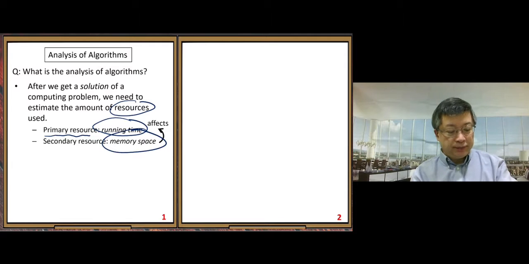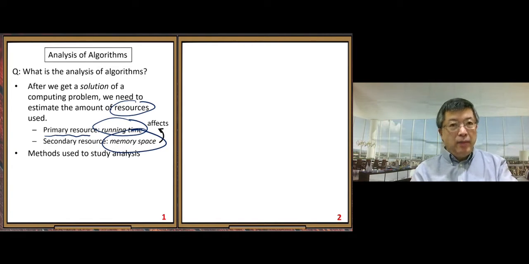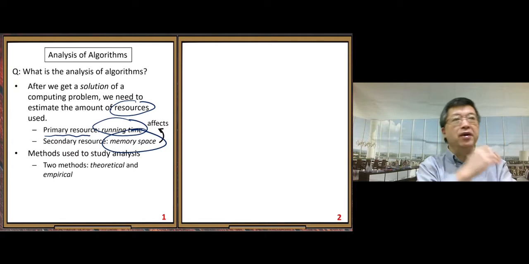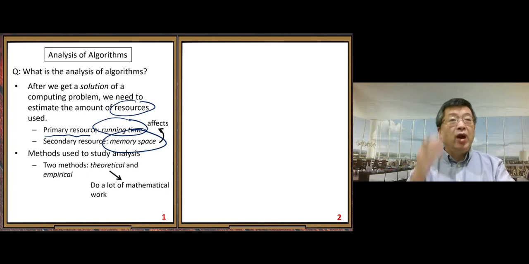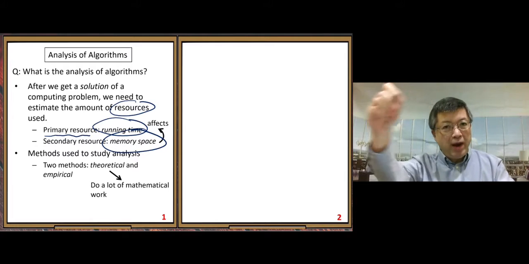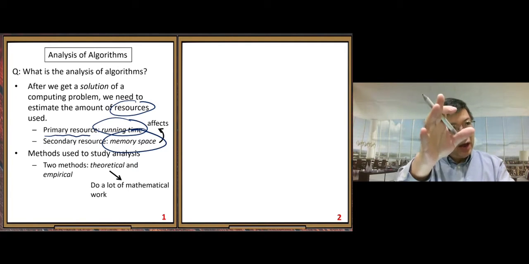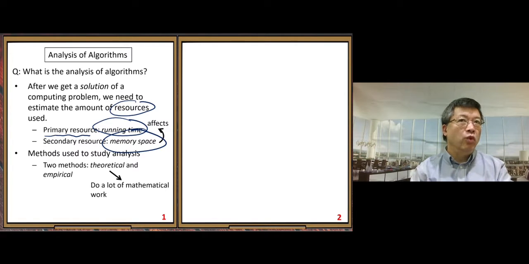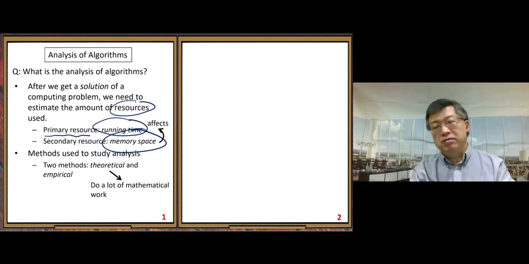All right. The methods used are basically two: theoretical and empirical. Theoretical is what we are doing in this class, a lot of mathematical computation to get some conclusions. But other than that, sometimes we also need to do empirical analysis, for some reason.